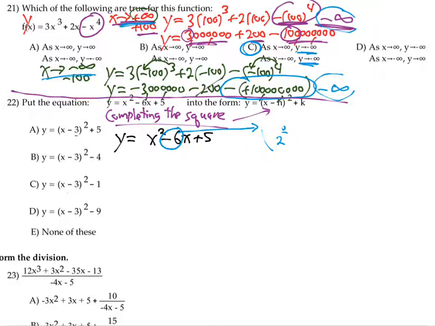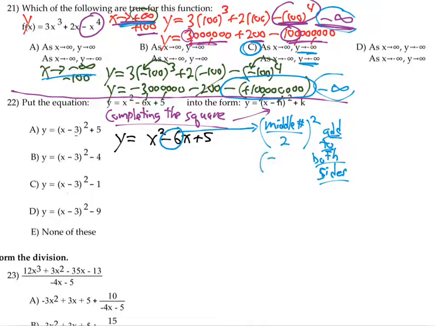So here I'll just write a formula first off. You've got to take the middle number over 2 squared. And you have to add that to both sides.